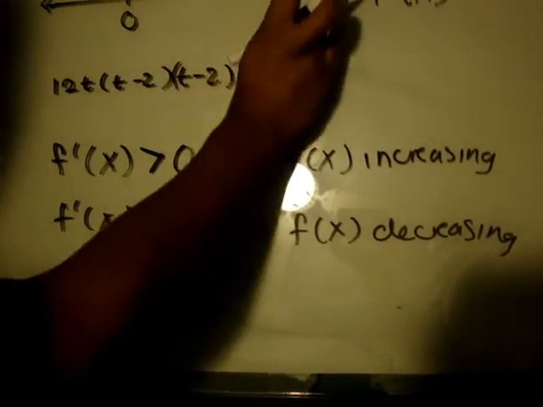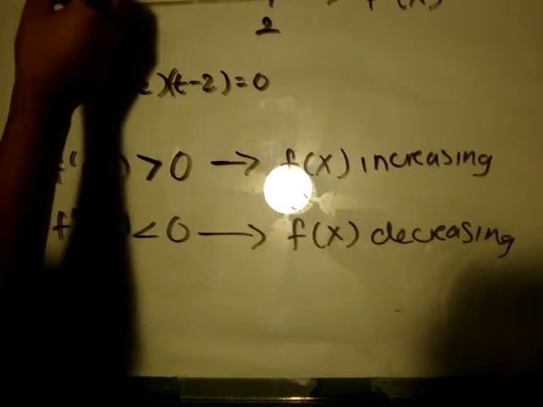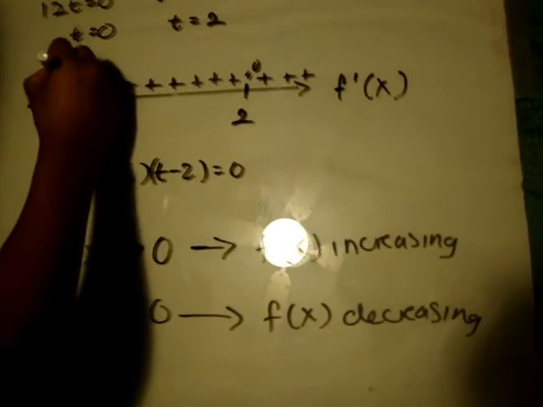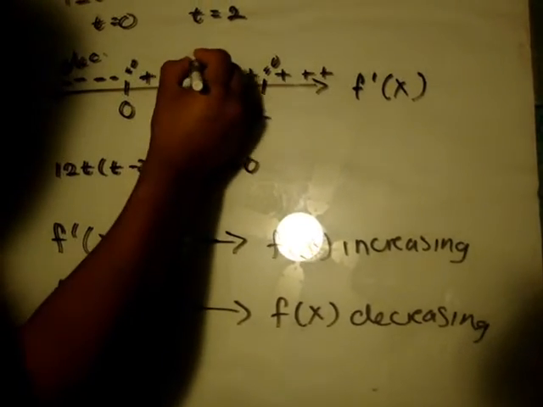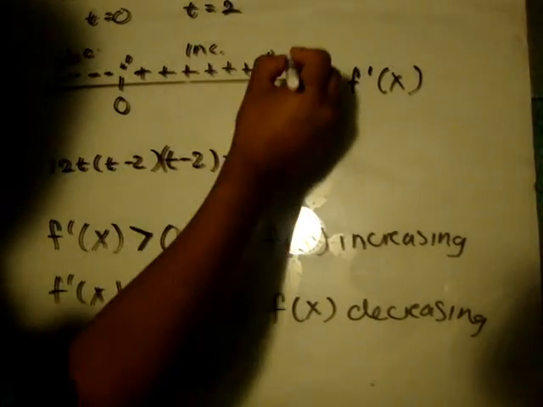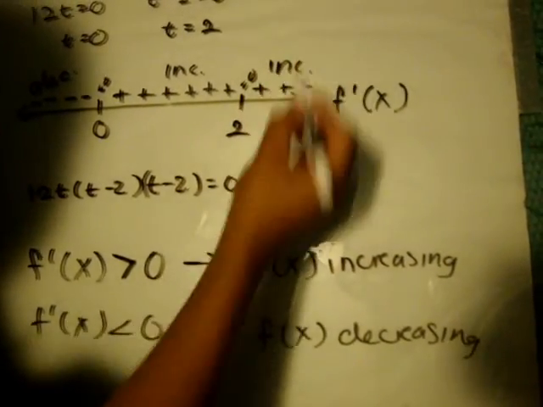So here, by looking at the sign change graph, here f of x is decreasing, and here it's increasing.